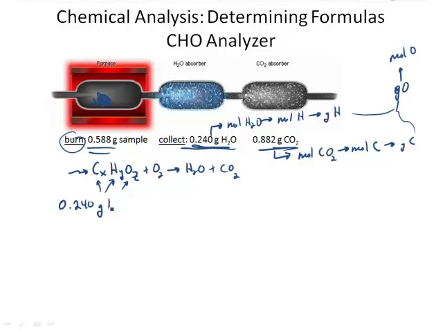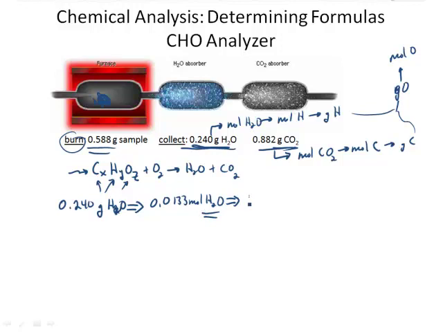0.240 grams of water. We've done grams to moles enough. I'm just going to convert that to moles of water without writing it out. The screen is only so big. So that's 0.0133 moles of water, which means you have twice that moles of hydrogen because every water has 2 hydrogens.